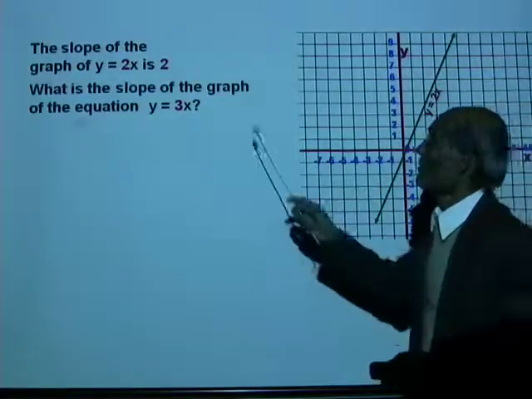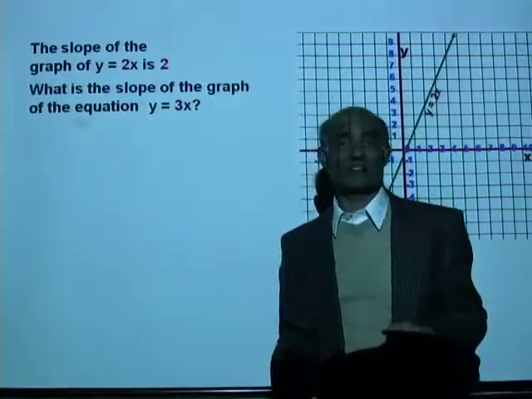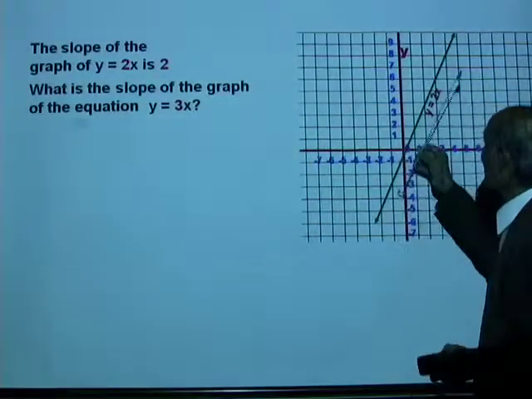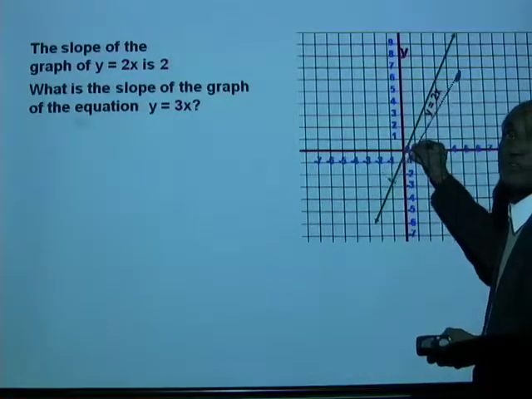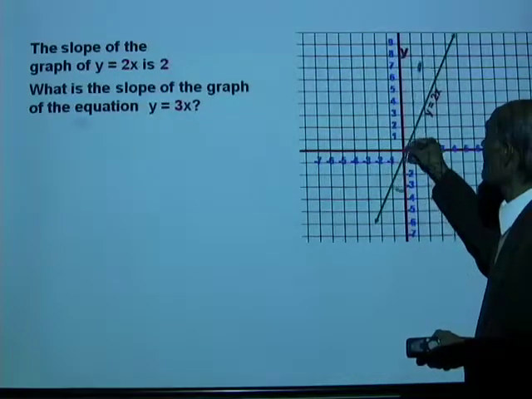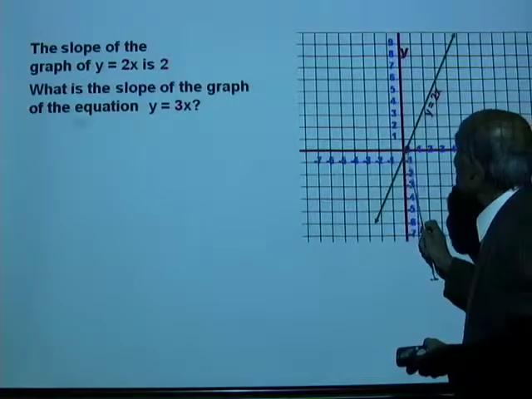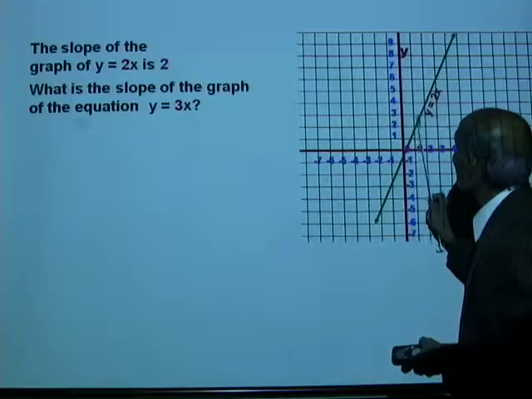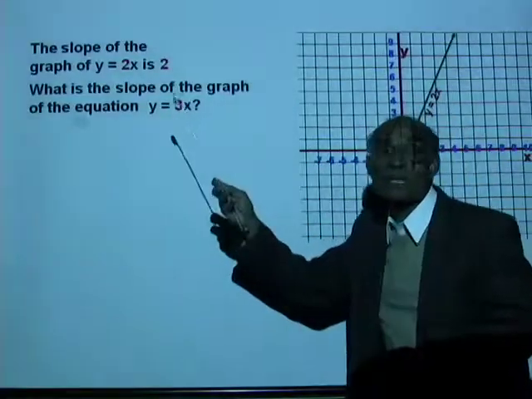That's right. What is the slope of the graph of the equation y equal to 3x? Well, which way will the graph go? Will it go to the right like this, or to the left like that? You notice that for each change in the x value, the change in the y value is greater now. The rate of change is 3.